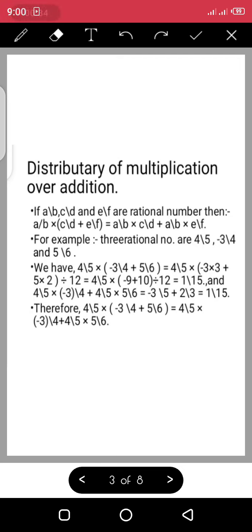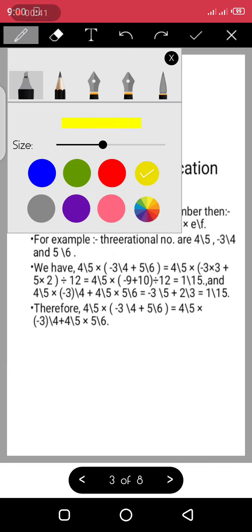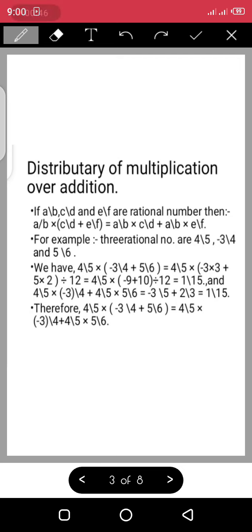This says if a/b, c/d and e/f are rational numbers, then a/b × (c/d + e/f) = a/b × c/d + a/b × e/f. Here a/b, c/d and e/f are three rational numbers.